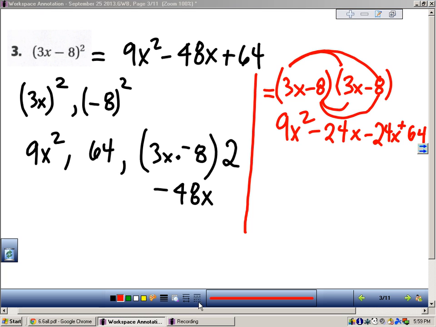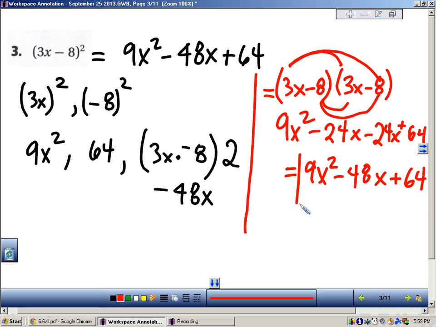Then we combine like terms. And that's the solution. Okay? Moving on.